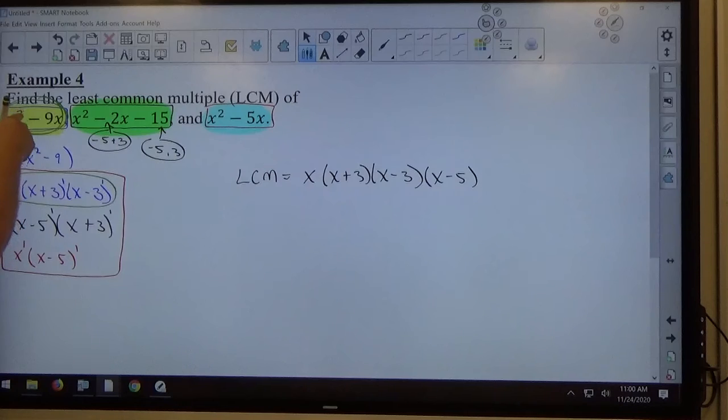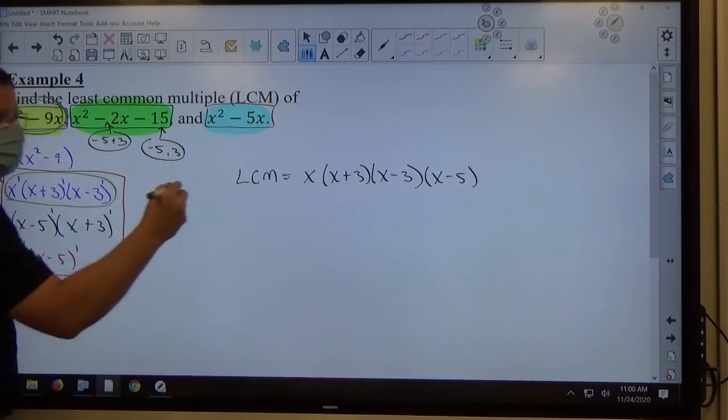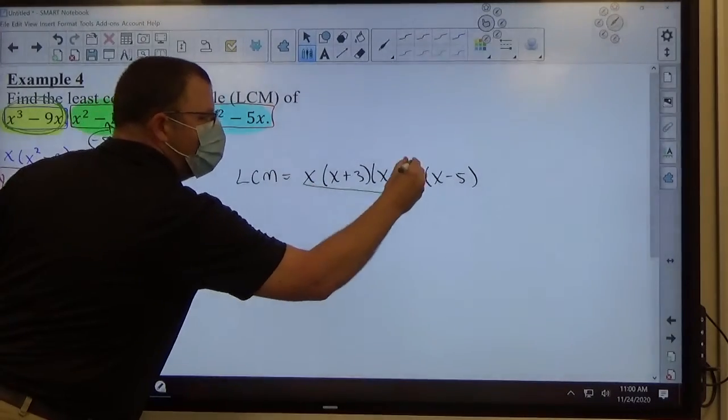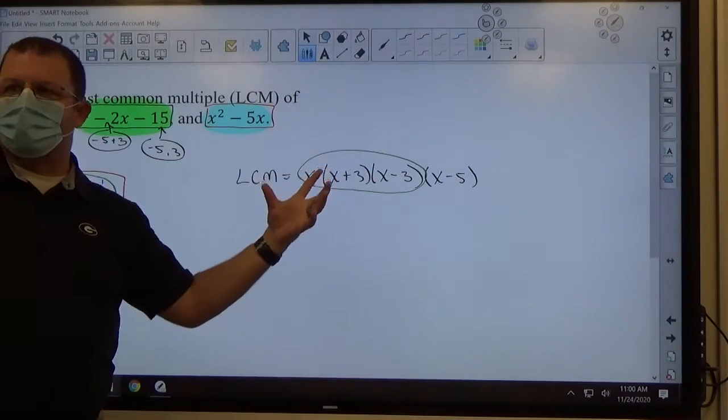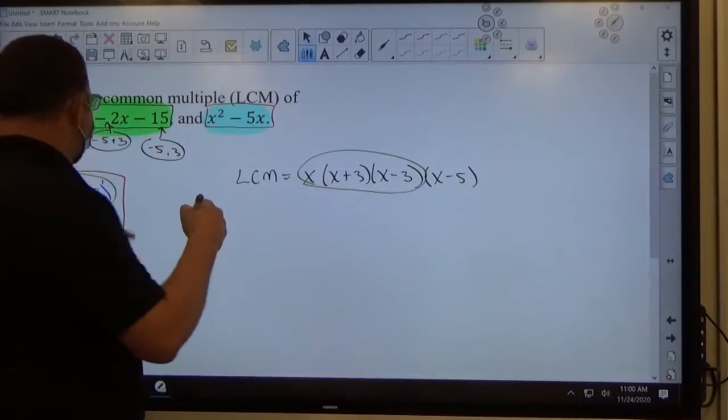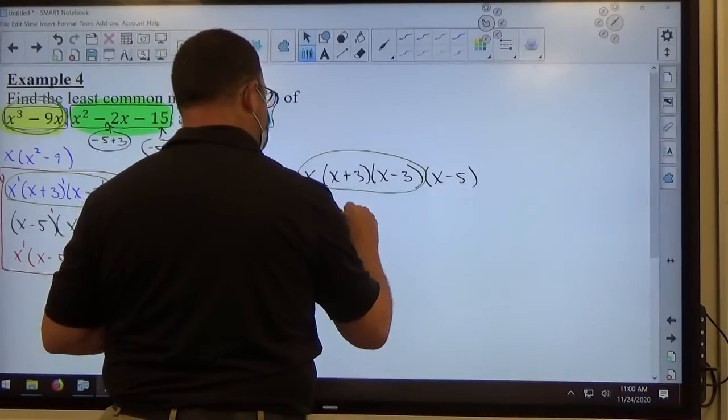This equals this, this equals this. They're the same thing, right? So if x cubed minus 9x breaks down to x times x plus 3 times x minus 3, and now I've got x times x plus 3 times x minus 3, I have to put it all back together, that's just going to be x cubed minus 9x.